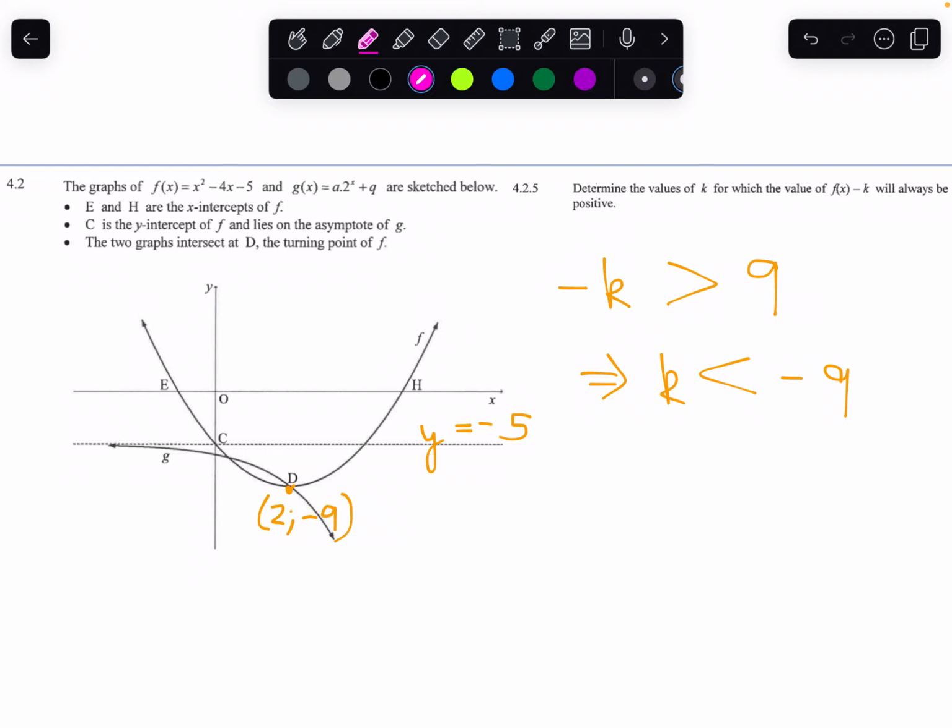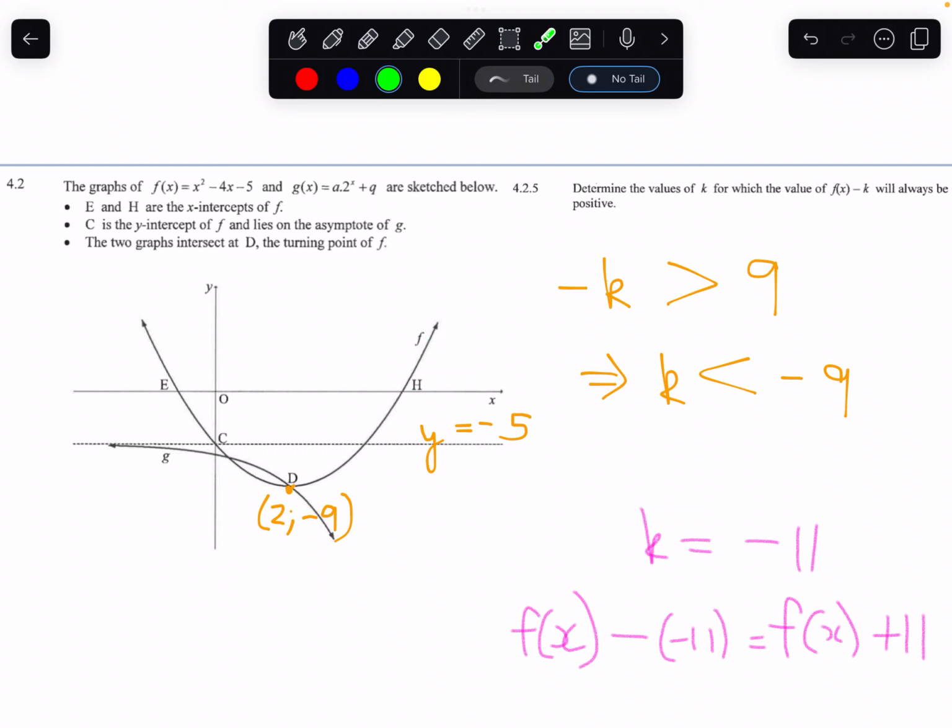So for instance, if you think about k is equal to negative 11, right, then we would have f of x minus negative 11, which is the same as f of x plus 11, right? So that would be this parabola moved up by 11 units. So the 9 units takes it to the x-axis and then bumps it up. The extra 2 units are going to put it somewhere over here. So you can see that with that graph, all of its y values are positive. So that is our answer for that one.